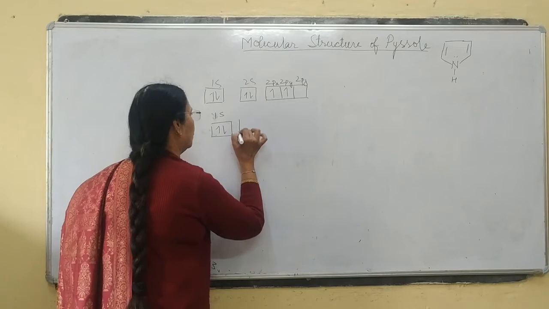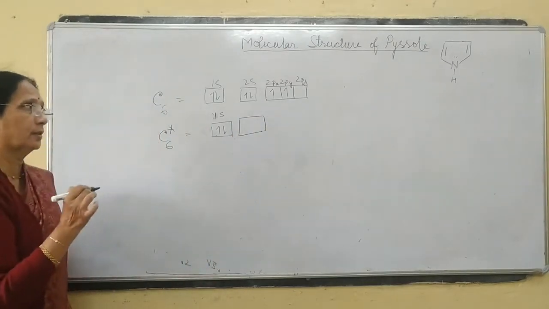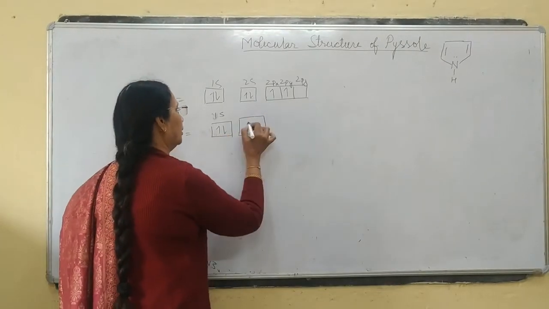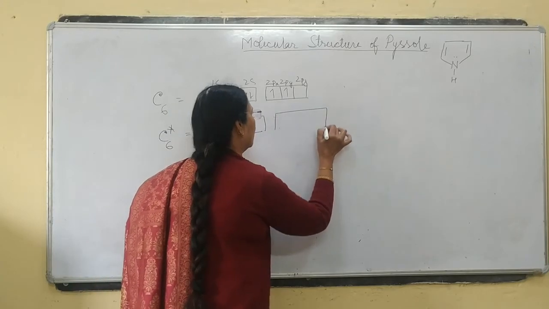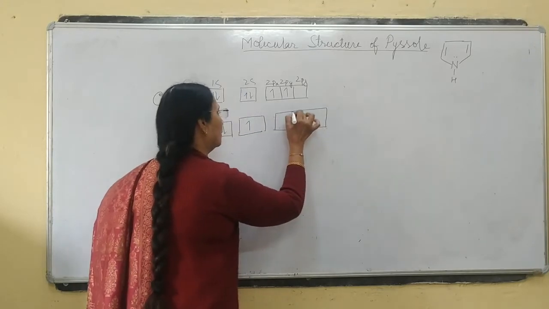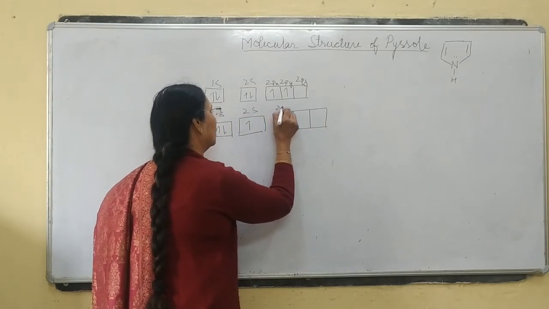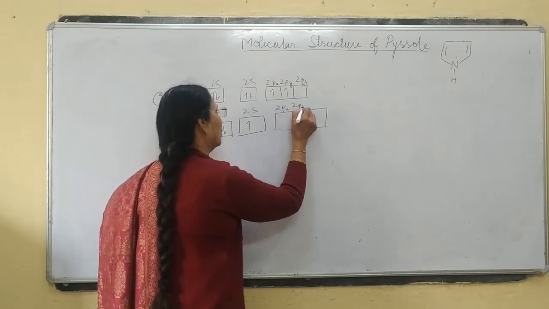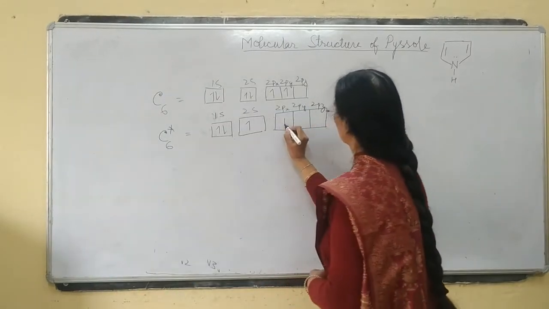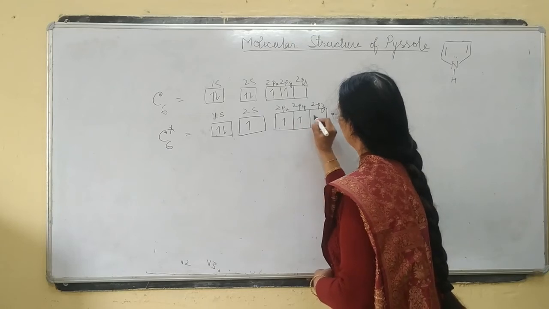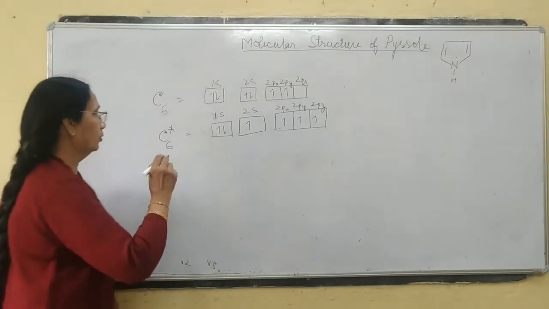One electron from the 2s orbital comes here into 2pz. So every orbital is occupied by one electron.